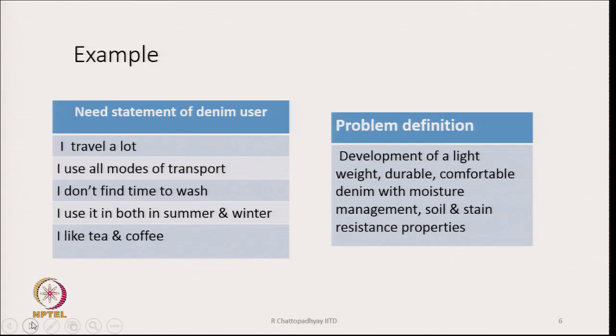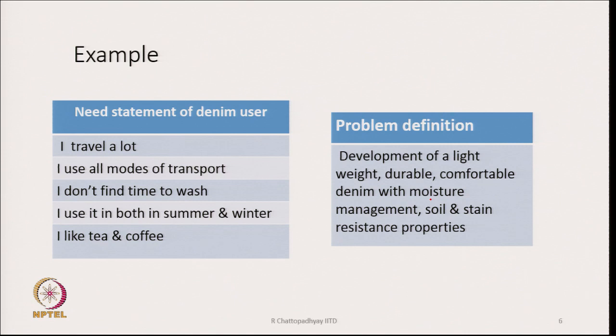Then it has to be a comfortable one. So, lightweight itself will make it comfortable. We can also think of how to make it comfortable further. So, maybe a moisture management property is one aspect which can be looked into. Therefore, we write moisture management and soil and stain resistance, because he loves tea and coffee that can spill over on the pant or trousers.